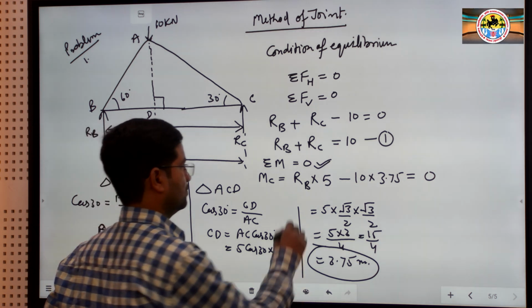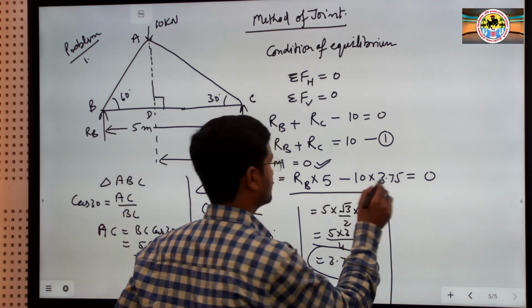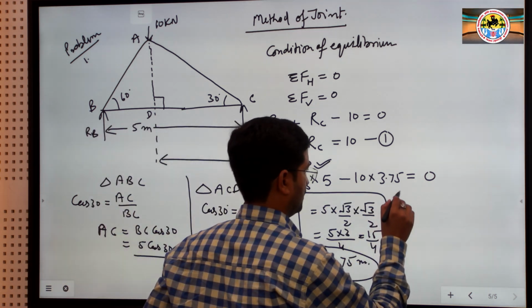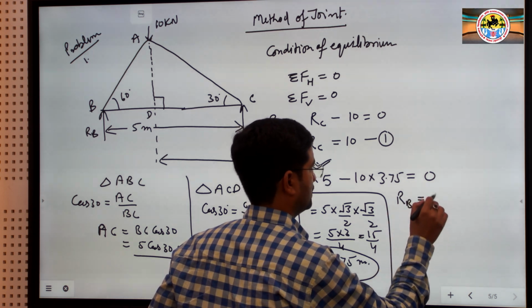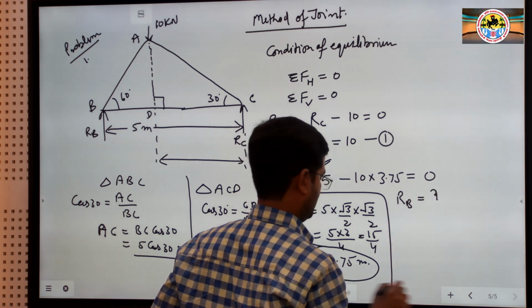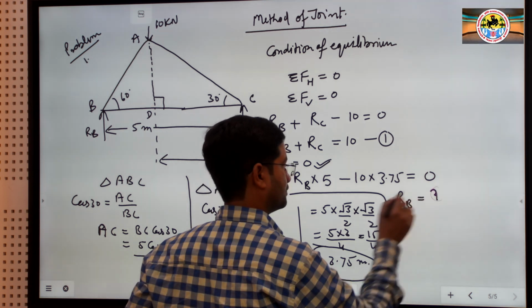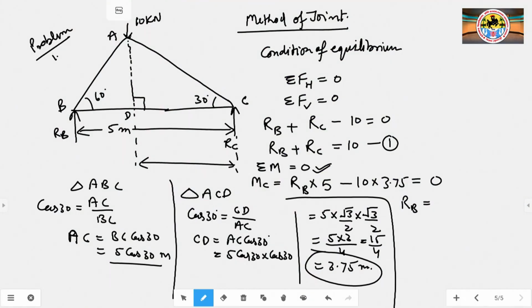Then find the value of RB. RB equals 37.5 divided by 5. So, RB is equal to 7.5.